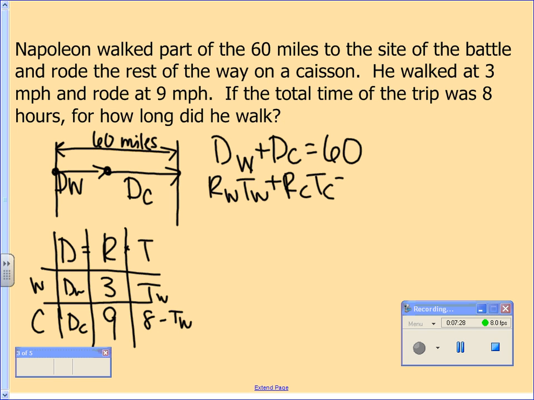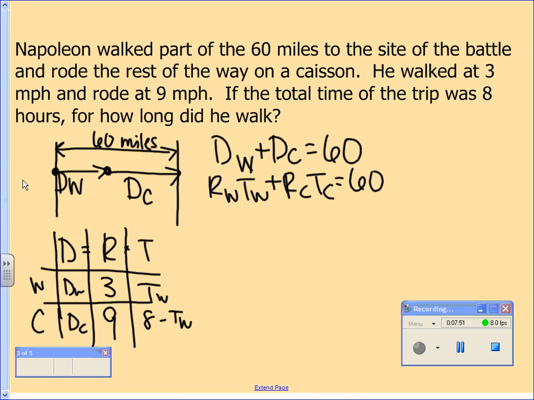Rate, time. Not yet. I'm just writing my equation. Make sense? Yeah, I won't be able to follow your work probably, so I won't be able to tell you where you went wrong. But yeah, if you want to do it a different way, that's fine.